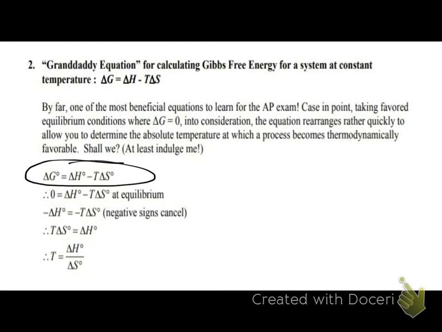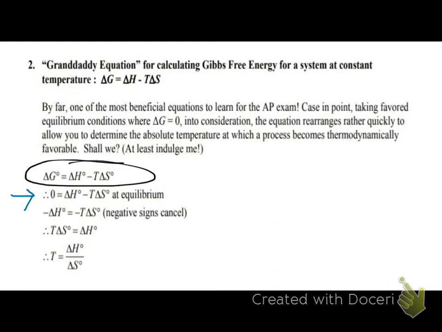The other thing that I want you to remember is, because this is something it likes to ask you, at what temperature would it be thermodynamically favored? Okay? At what temperature? So what you do is at equilibrium, you know that delta G is 0, because I told you that earlier. At equilibrium, delta G is 0. So you can substitute that right here.